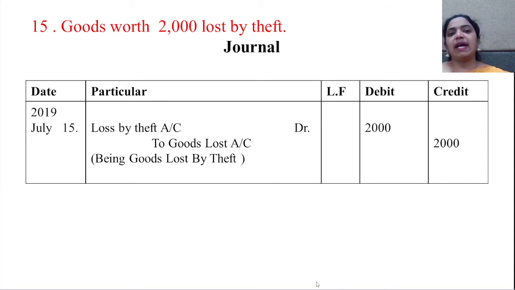You can write loss by theft account to goods lost account, or purchase account is also written, but this is the better one. Loss by theft account, loss is an expense, so it is debited. And goods worth rupees 2000 are lost, so goods go on the credit side. Loss by theft account debit 2000 to goods lost account 2000, being goods lost by theft. Understood?